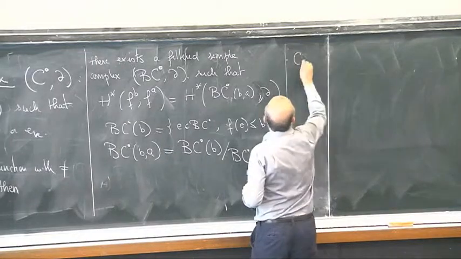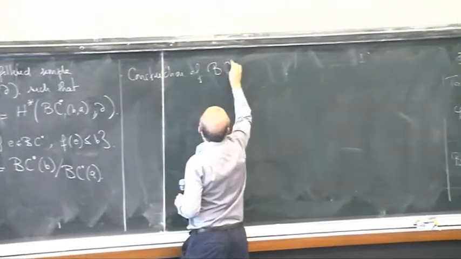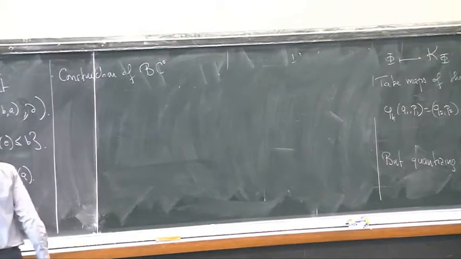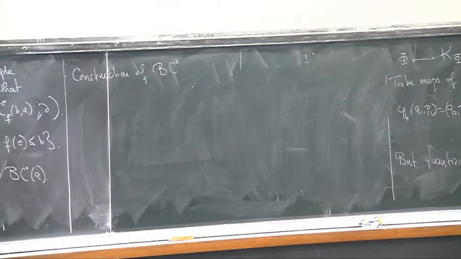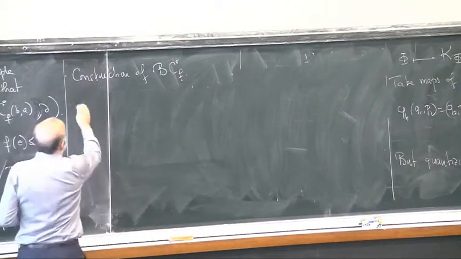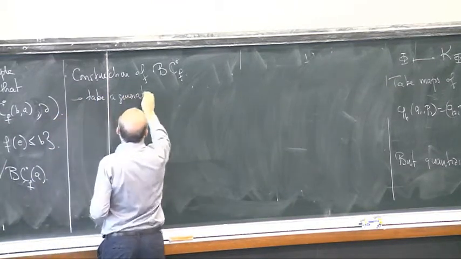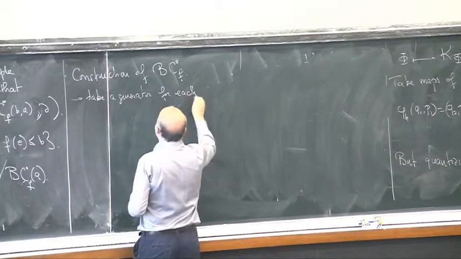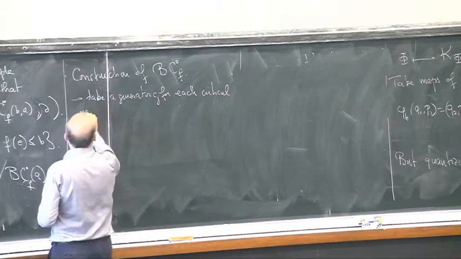This construction of BC star, maybe I should call it BC star F, it depends on F. I'm going to take a generator, of course, for each critical point, and I will even say for each critical value. It's going to be easier.